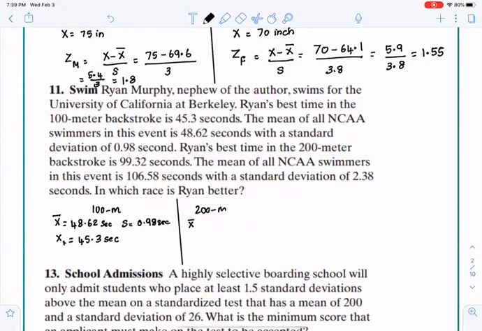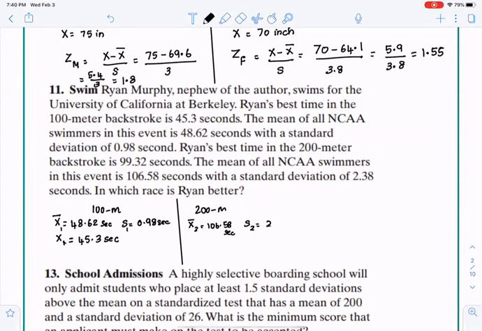In the 200-meter race, the mean is 106.58 seconds.